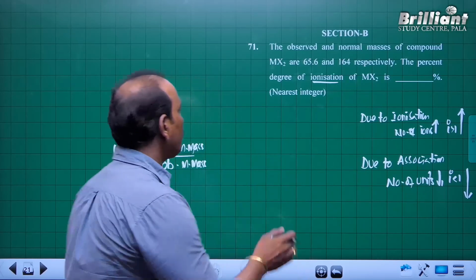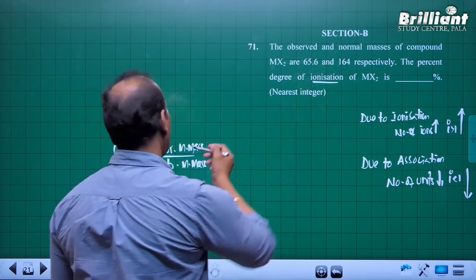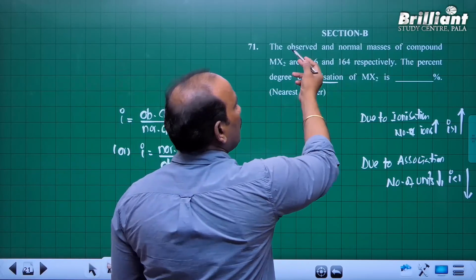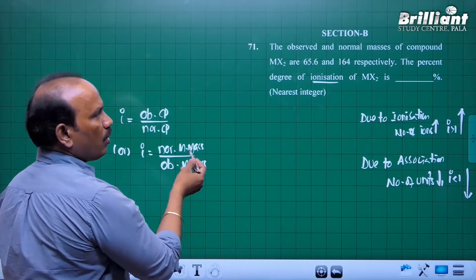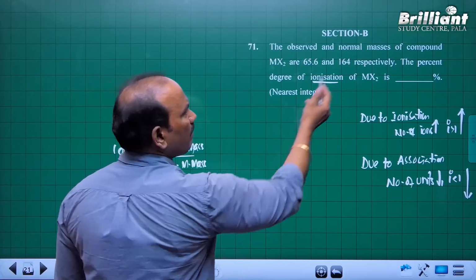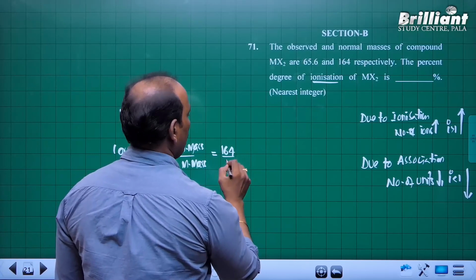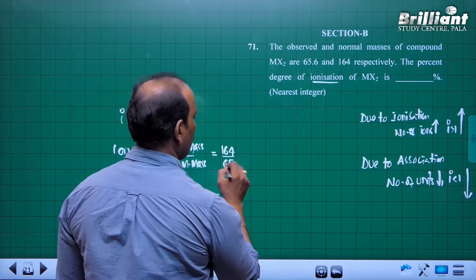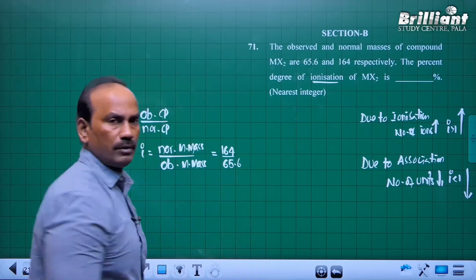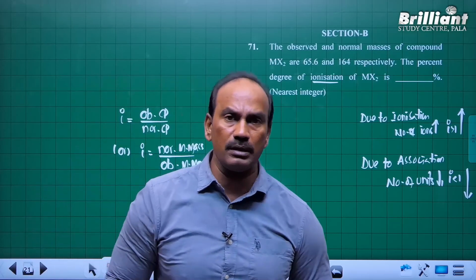Clear? Now, this is ionization, higher value by lower. Observed and this is the normal value. The normal value equals 164 by 65.6. What is the logic in the numericals?